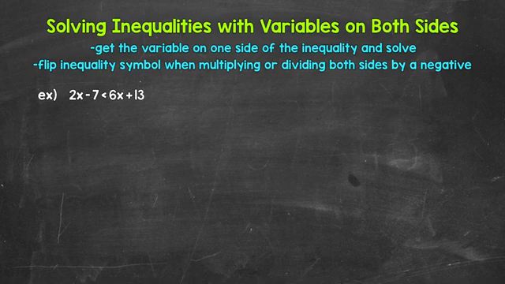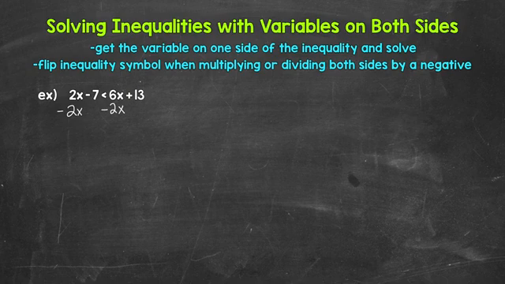We do that by undoing the 2x. So we're looking to undo the smaller coefficient in value. That's a positive 2x. So the inverse operation that we need to use is subtraction. So let's subtract 2x from the left side of the inequality. Whatever we do to one side of an inequality, we must do to the other in order to keep it balanced. So subtract 2x from the right side as well.